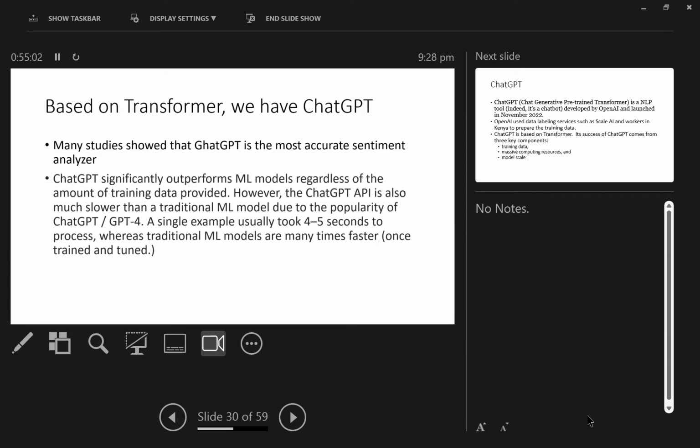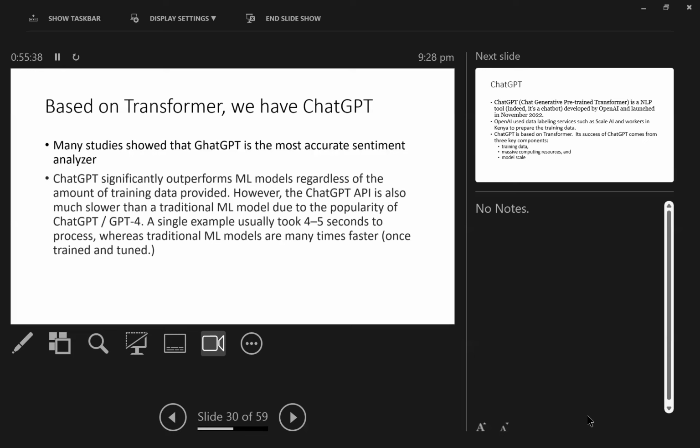So after that, a lot of big companies and research organizations started to try to train transformer models with the most complicated architecture, with computation power good enough to train this most complicated structure.